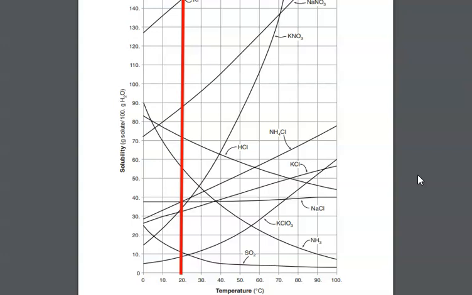All right, 15 grams of KClO3. They're all in 100 grams of water. That is important because if the amount of water changed, so would the amount of solute that would dissolve in a certain amount of water. 15 grams. I'm going to go ahead and go across and just make a little X at 15 grams.